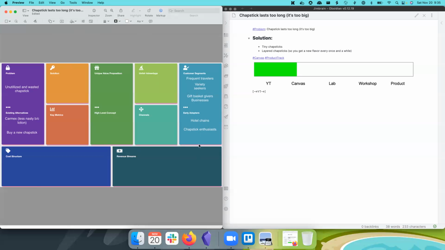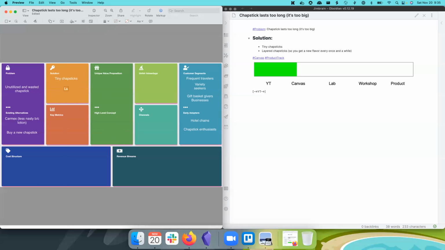But where do you want to go next here? Go to UVP. No, go to solution. I don't know which solution I like better. Tiny chapstick. I feel like tiny chapsticks are more of a brand and easier to sell, and probably a little bit easier to own that market.